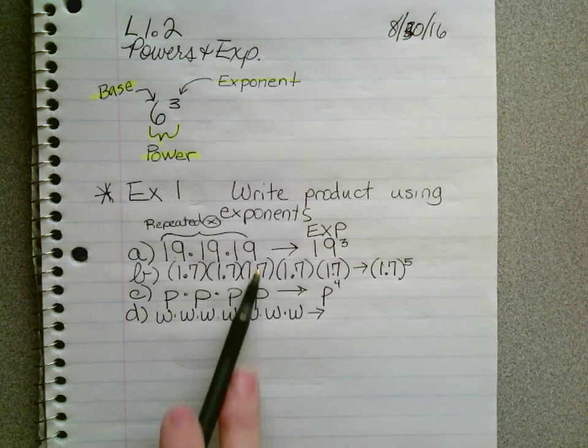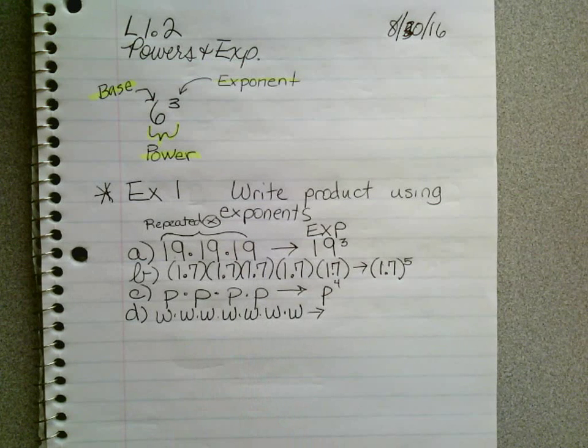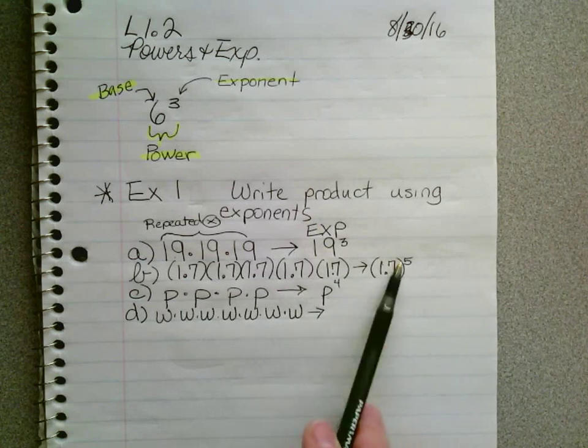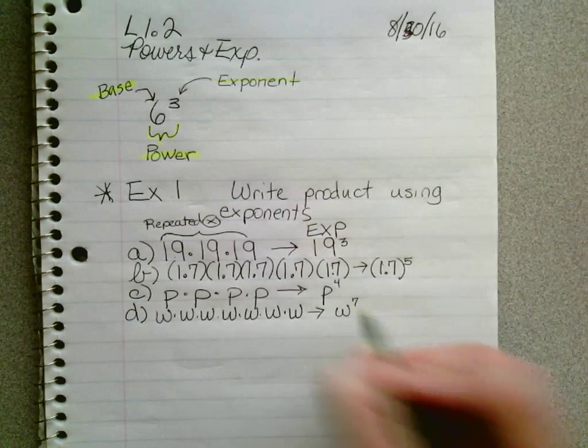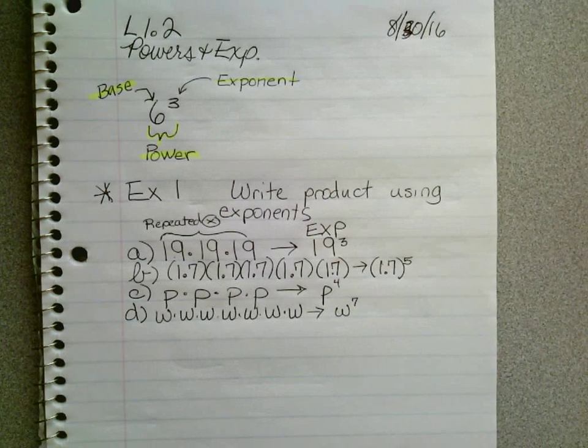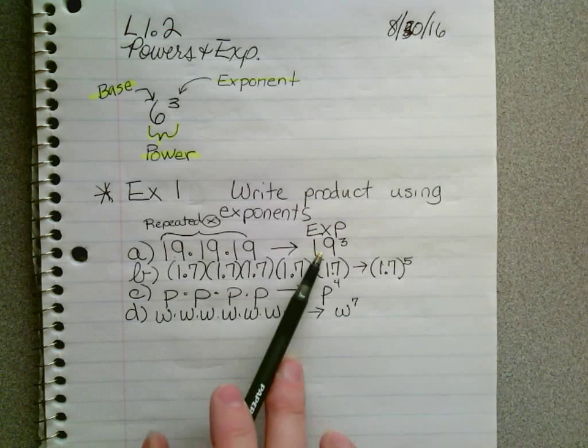And I'm going to say, it's this. What does it mean? Write it as an exponent. That means this. Okay? By the way, what is that? W to the 7th? Okay? So, writing a product using exponents, if you're given repeated multiplication, is done like this.